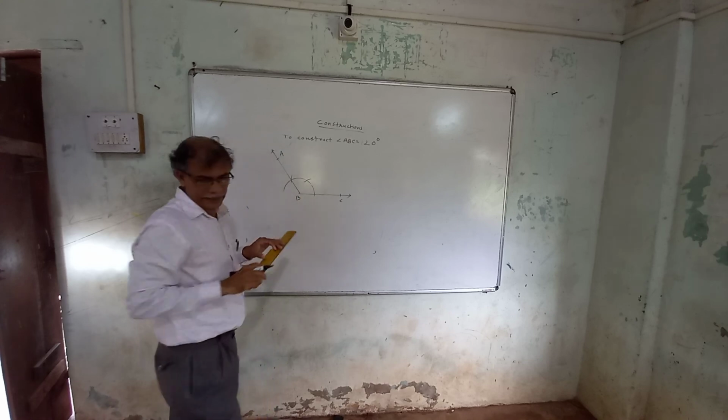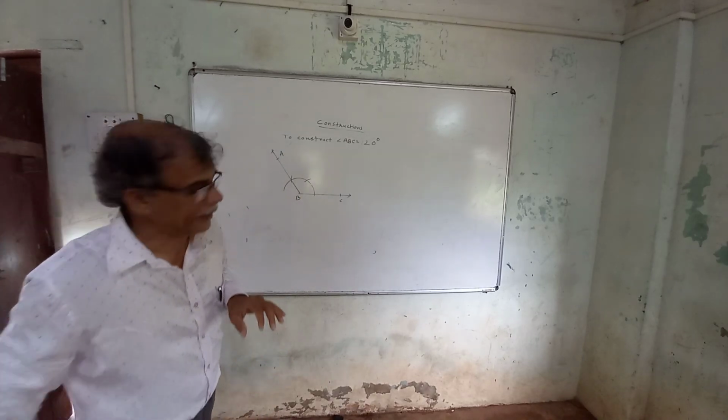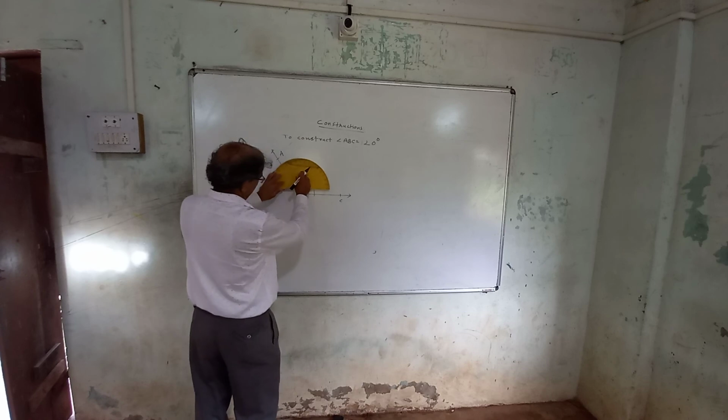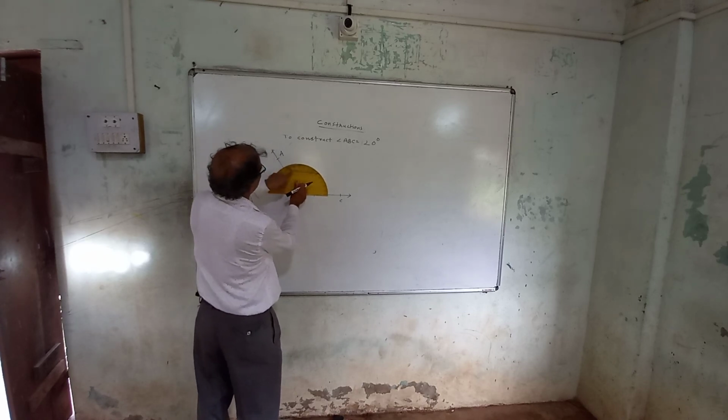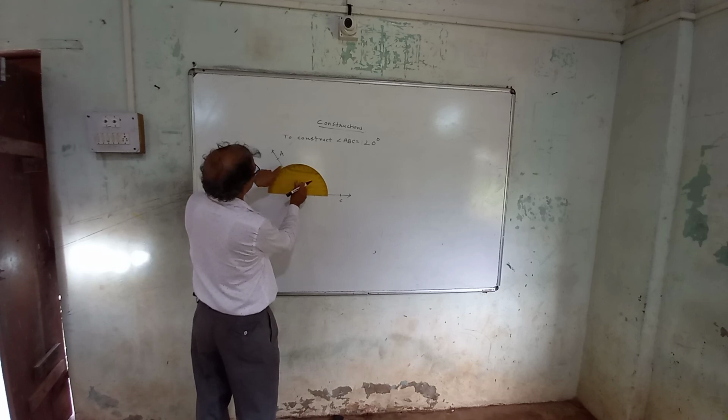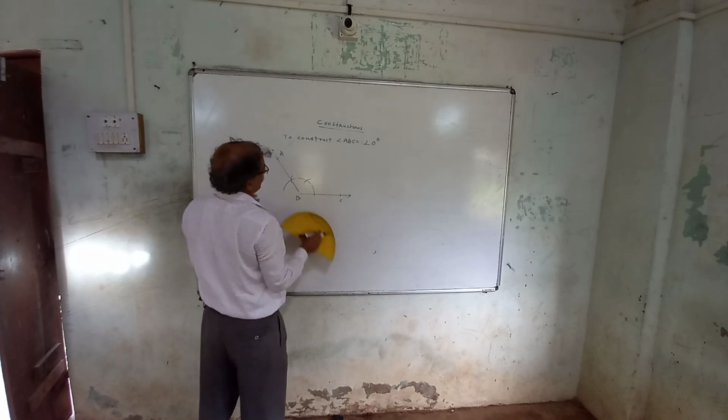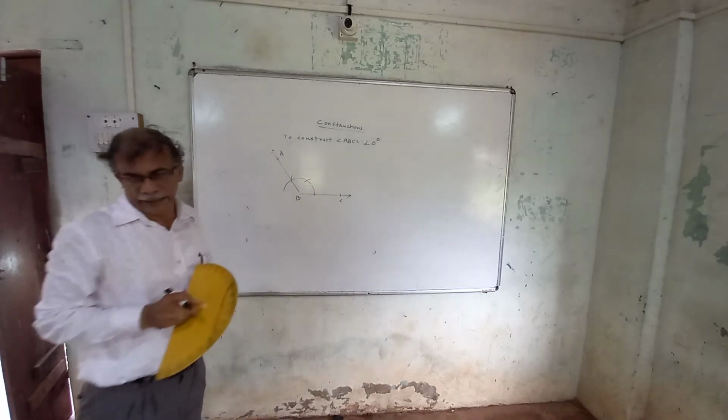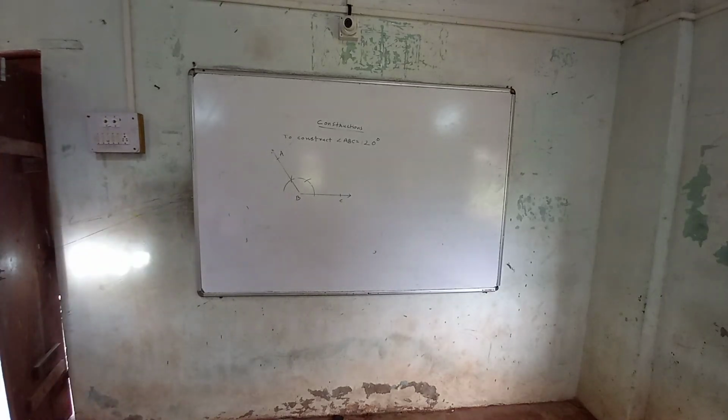If you measure this, that will be exactly 120 degrees. See, 80, 90, 100, 110, 120 degrees. You can measure the angle with the help of a protractor. You can see that it is exactly 120 degrees.